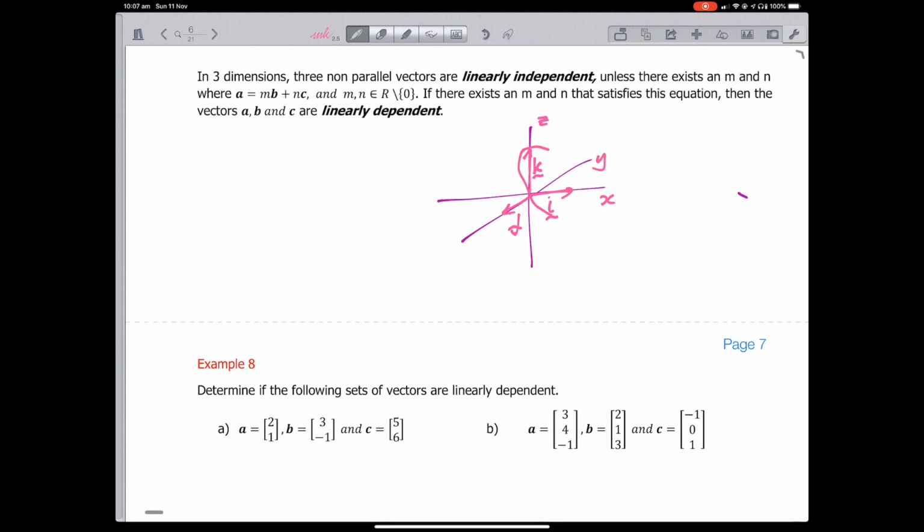So I can't use a multiple of these two vectors to get this one because it's going in a completely different direction. If they did lie in the same plane, then they would be linearly dependent.